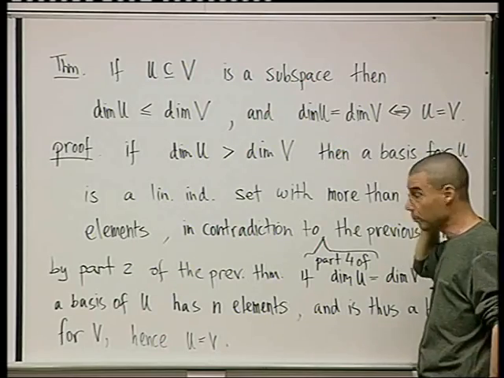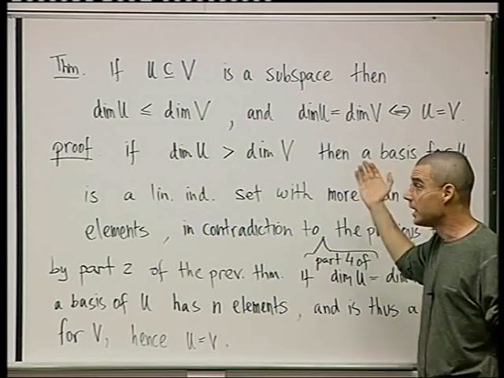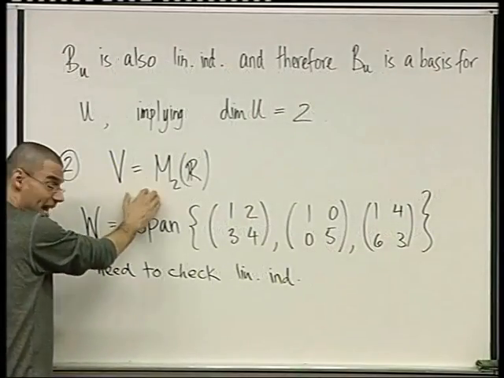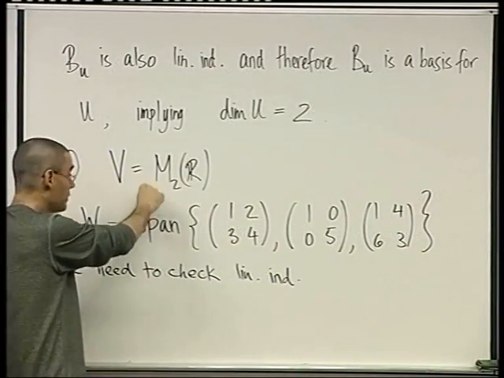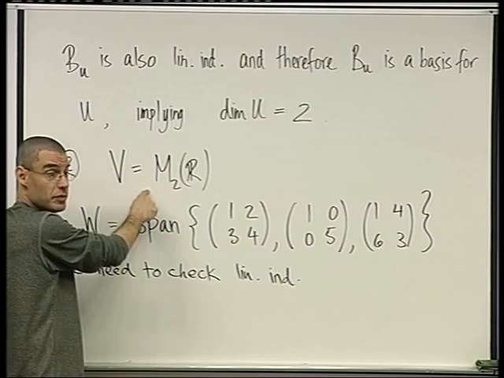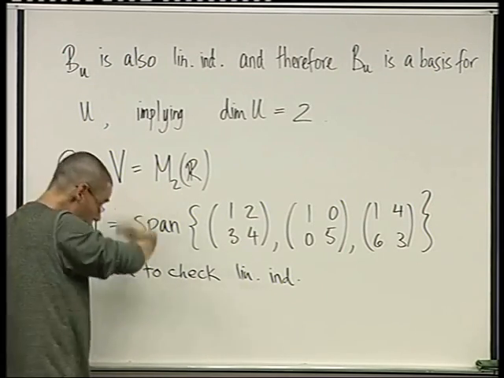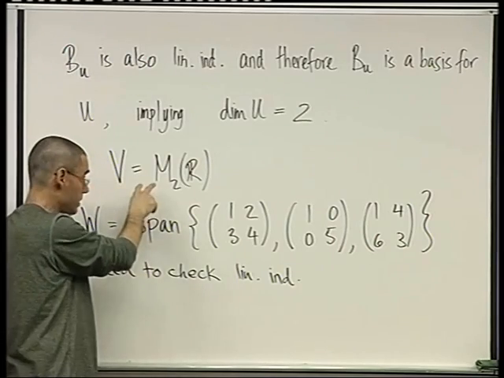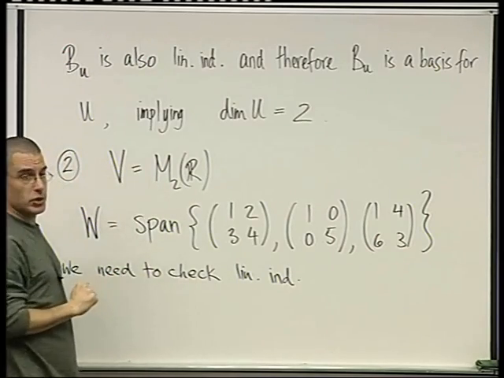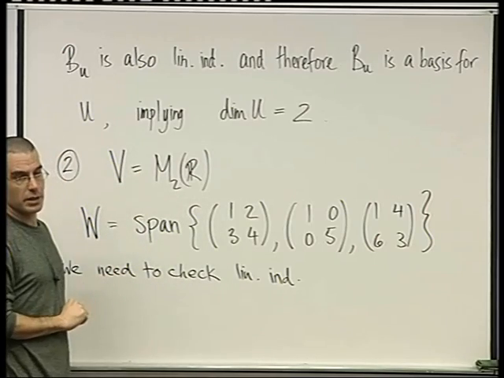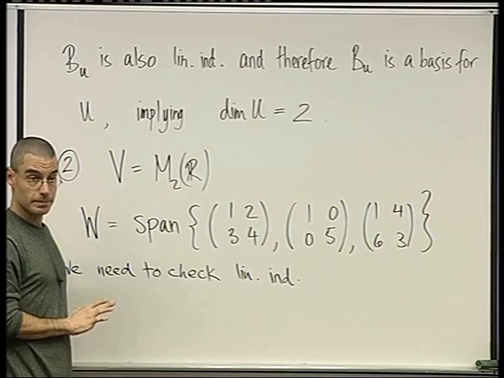Meaning, the practical meaning of this is that if you look back at our example, V was 2 by 2 matrices over R. You cannot have a subspace of dimension 4 in V that's not everything. You cannot have a strict subspace, an honest subspace, that is 4-dimensional. If you found a subspace that's 4-dimensional, it's everything. Okay? Clear? Okay.